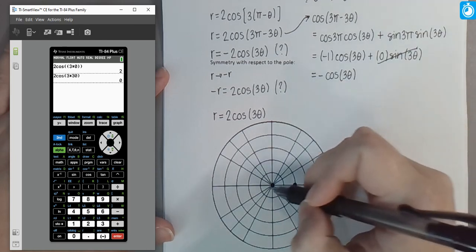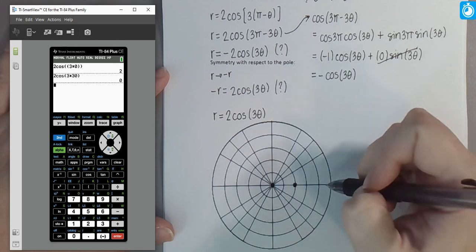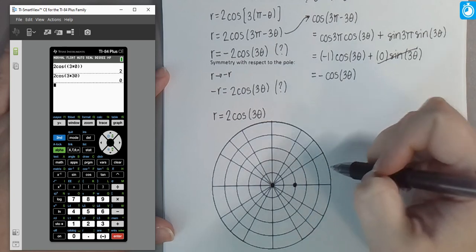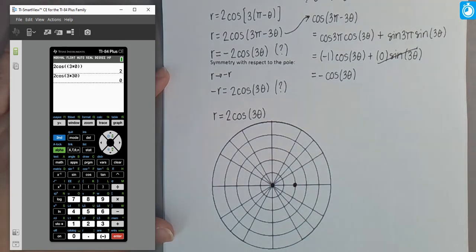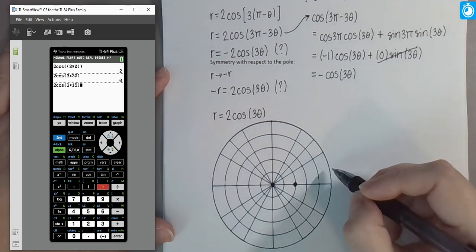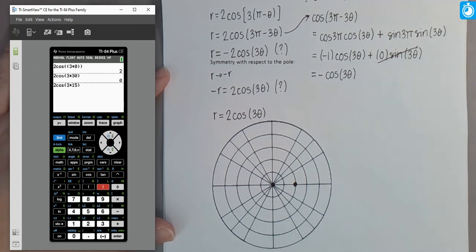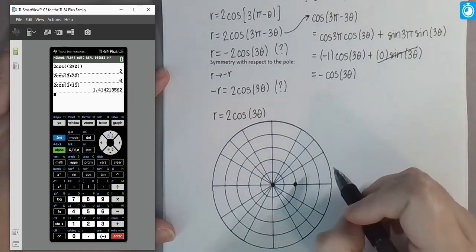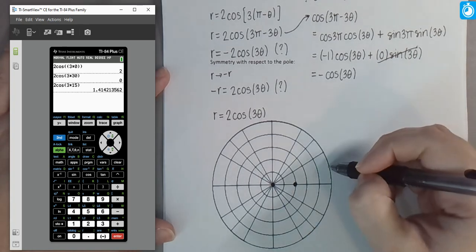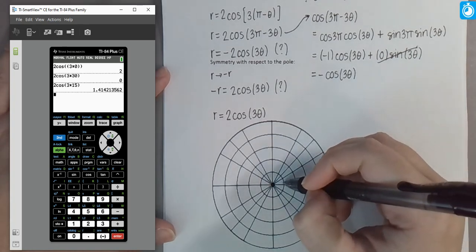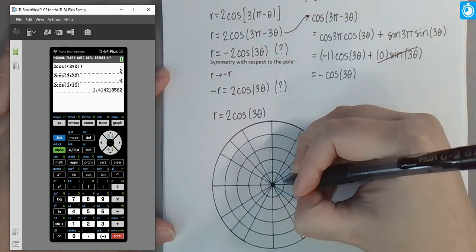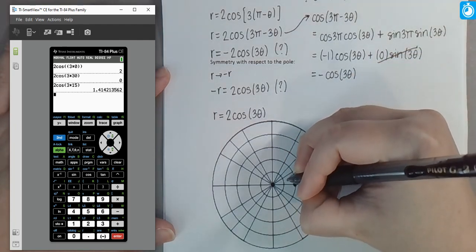What happened in between 0 and 30? Let's see what would happen at 15. So 2 times the cosine of 3 times 15, halfway between 0 and 30. We're about 1.4. So at 15 degrees, halfway between, we're at about 1.4.